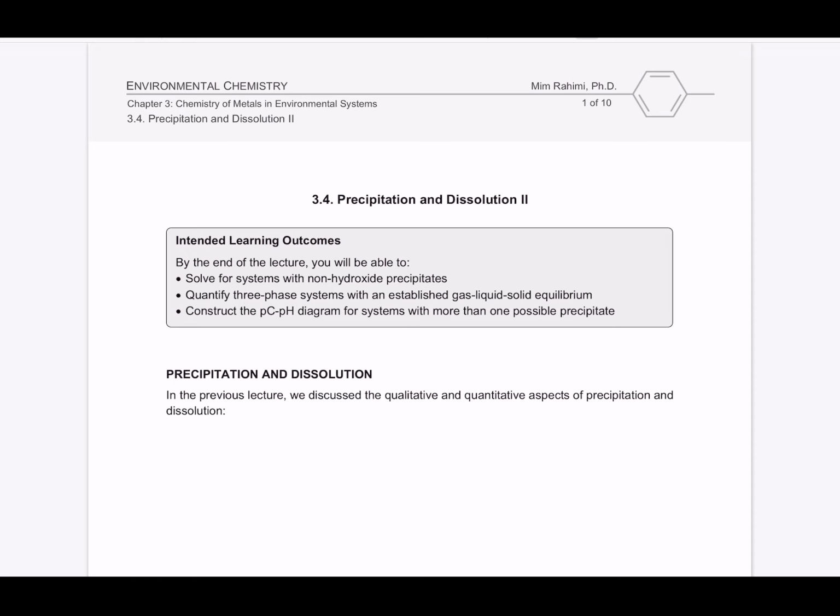In the first lecture, we mostly introduced the concept of KSP, which is an equilibrium constant, a specific designation for the solubility product. And we mainly focused on hydroxide-containing precipitates. But here we'll be expanding that to a wider range of ligands that could potentially lead to a precipitate.